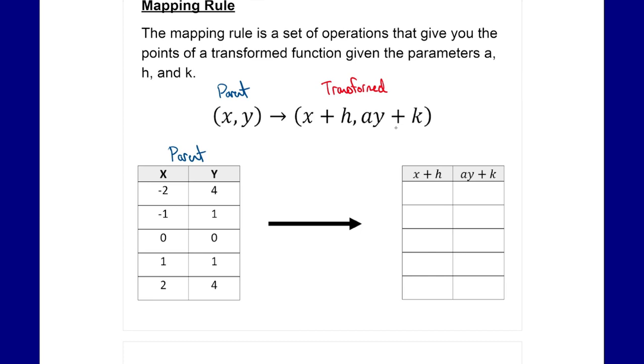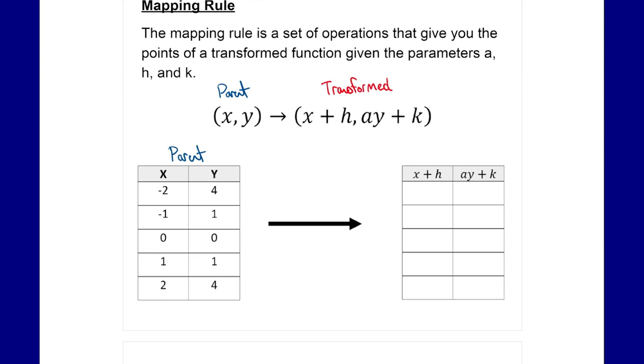I am then going to, for my y value, multiply it by a and add whatever the k value is. So this is a standard rule or formula that you can follow to always come up with your transformed functions or your transformed points.